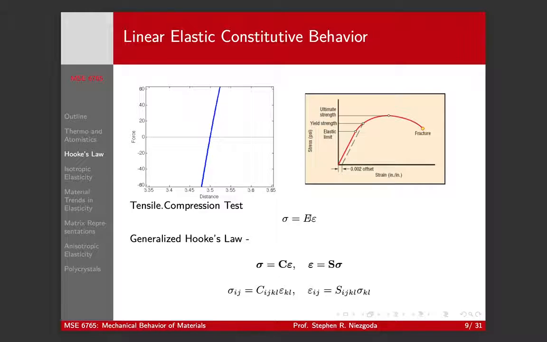In 3D, we're going to generalize that to a tensorial form. So we're going to say stress is equal to an elastic stiffness tensor times our strain tensor. All right, so in indicial notation, we have sigma ij is C ijkl epsilon kl.